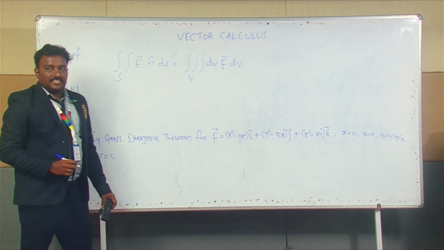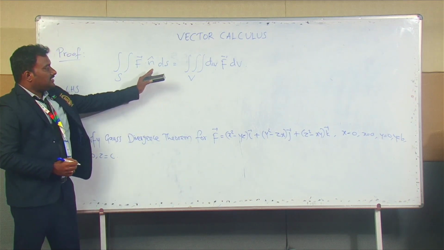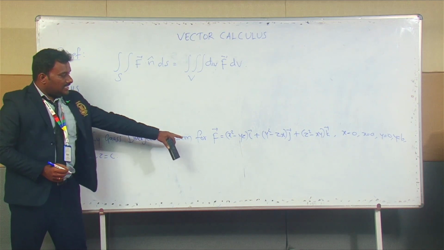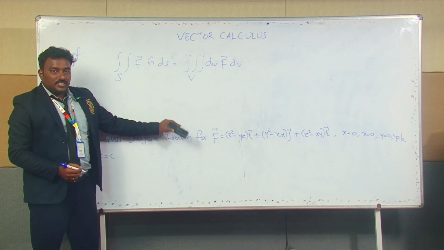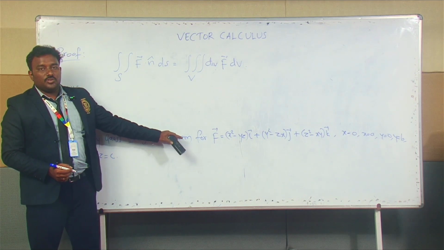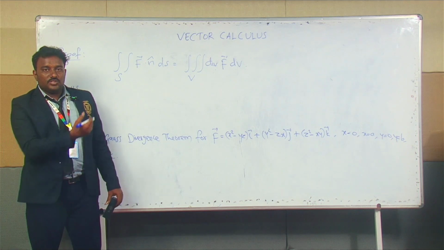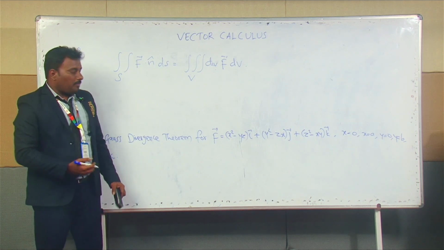So, we take the left hand side of the statement, which is double integral over S of F vector dot n cap dS. Here F vector is the given vector and n cap is the vector which is perpendicular to the surface we take, and dS is the surface element. That also depends on the face which we are going to take.